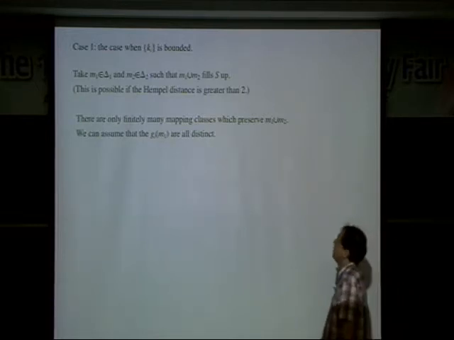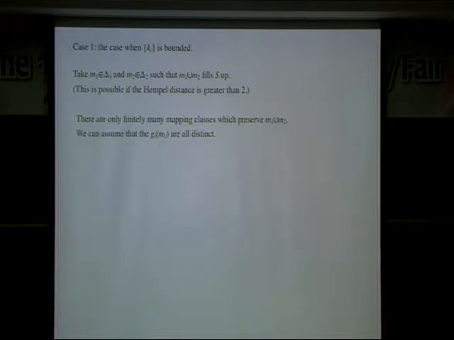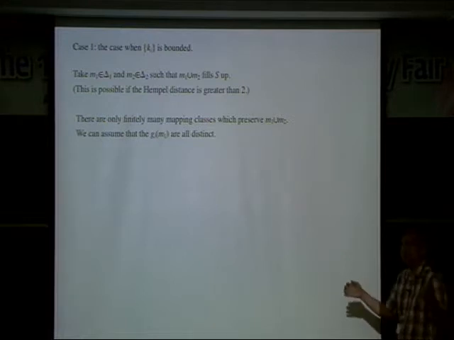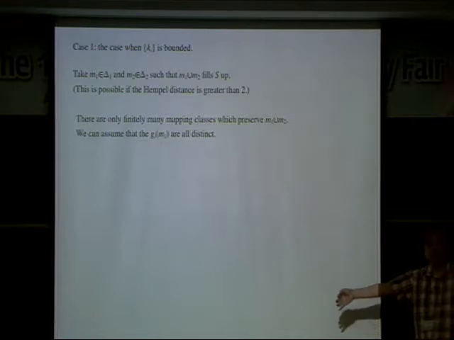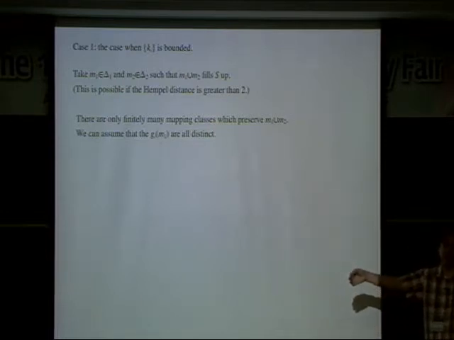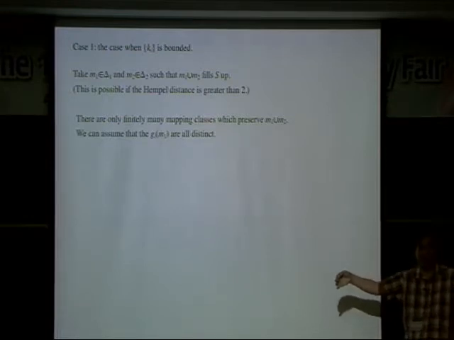Now we divide that into two subcases. The first case is when the scalars k_i are bounded. We are assuming that the Heegaard distance is large enough. That means if you take two meridians, one from H1 and the other from H2, then the distance is large, in particular greater than 2.